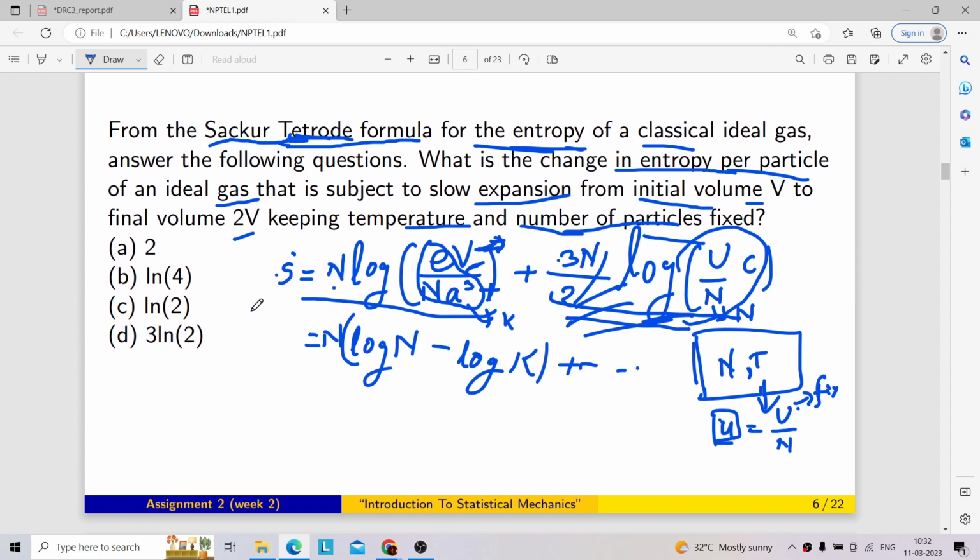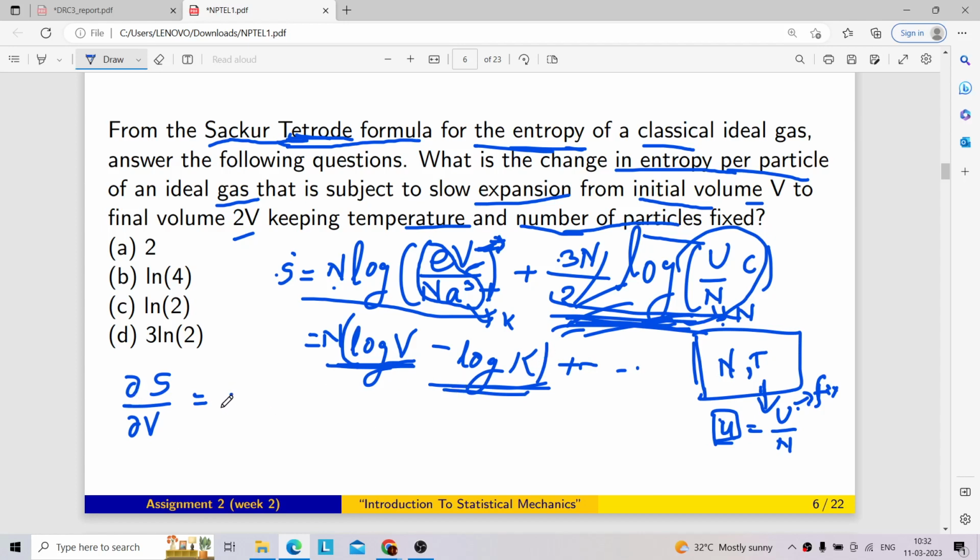So we have entropy as a function of volume, so we can take the derivative of entropy with respect to volume. These are all constants, so they won't depend on V. The only variable is here, log V. All other terms are constant, so we do not have to bother about them because their derivative will be 0.